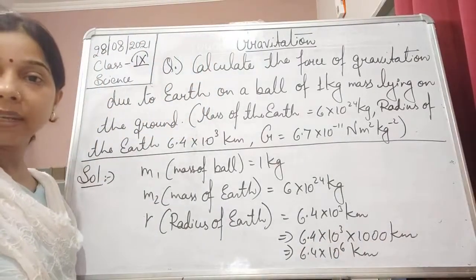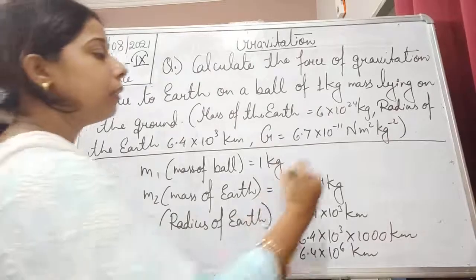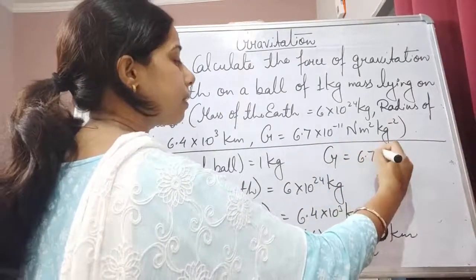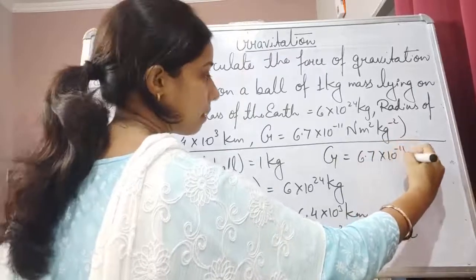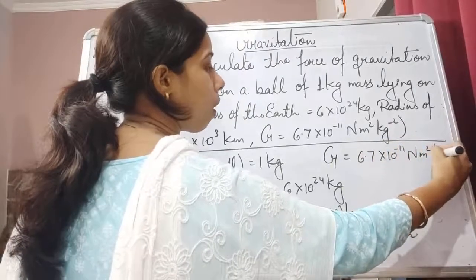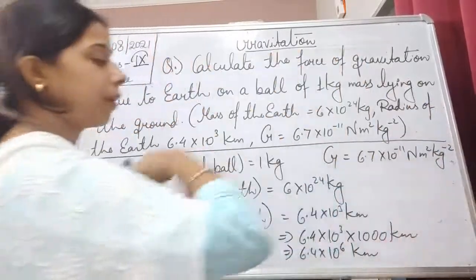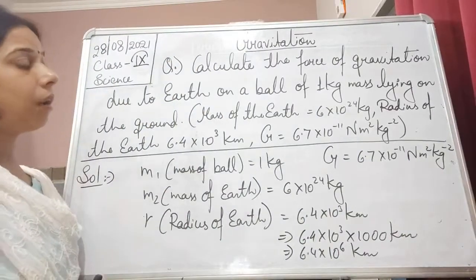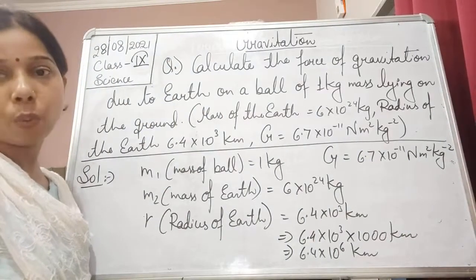This is the radius of the earth. Another thing that is given is G. Capital G is equal to 6.7 into 10 to the power minus 11 Newton meter square per kg square.